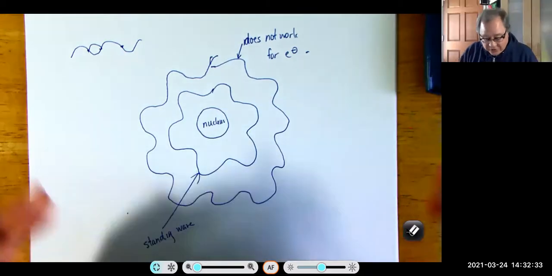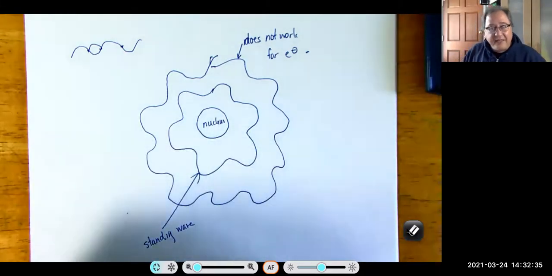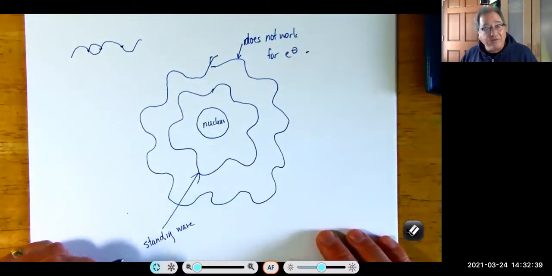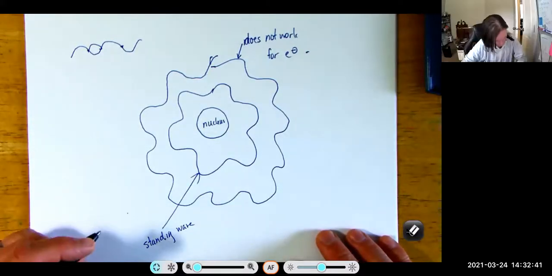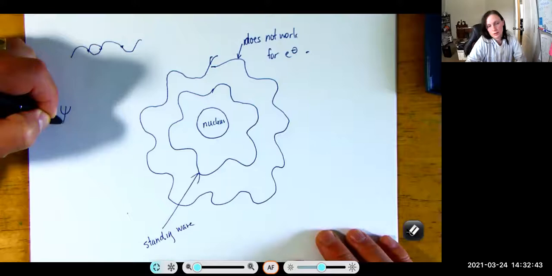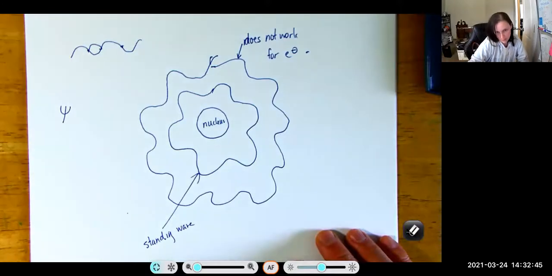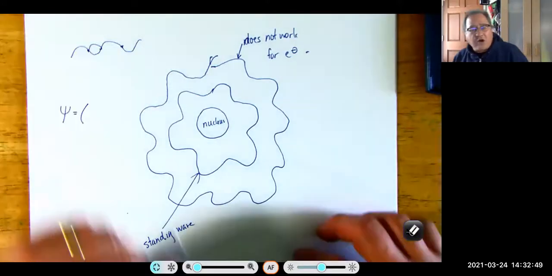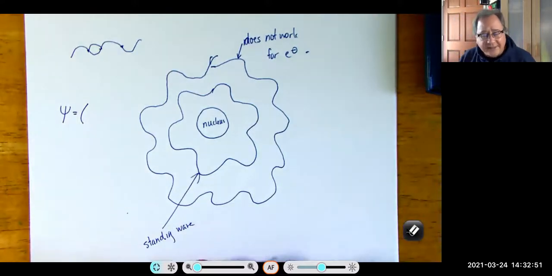Okay. So that's why L and M sub L have rules. That's why you have those little rules, because the equation for a standing wave is called a wave equation. And this is the symbol for your wave equation. You know how you have Cartesian coordinates of X, Y, and Z?